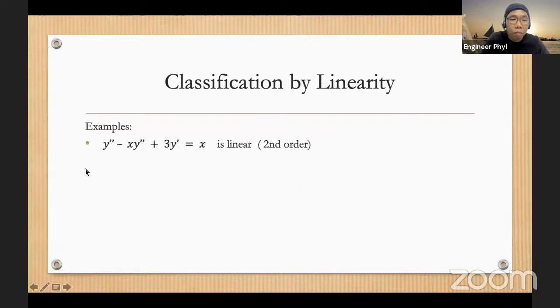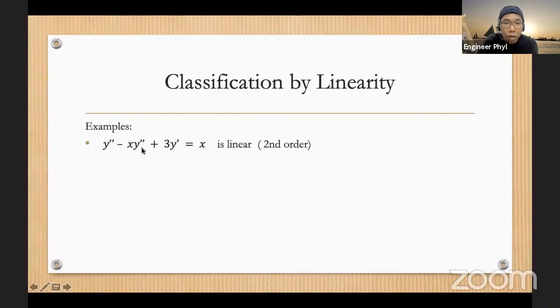Okay, so the first example here: y double prime minus xy double prime plus 3y prime equals x. The idea of this example is to determine whether this DE is linear or not, by checking the power of each term, the power of the derivatives, including the unknown function. We don't have y here, just the derivatives of y. We have y double prime, the power is 1.